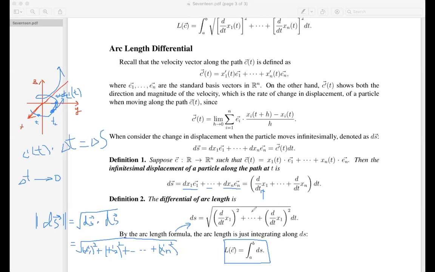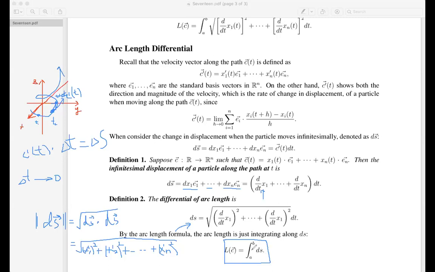This idea would be important later. We won't be able to cover it in 250, but when you go to 255 vector calculus, you will be calculating line integrals or surface integrals, right?